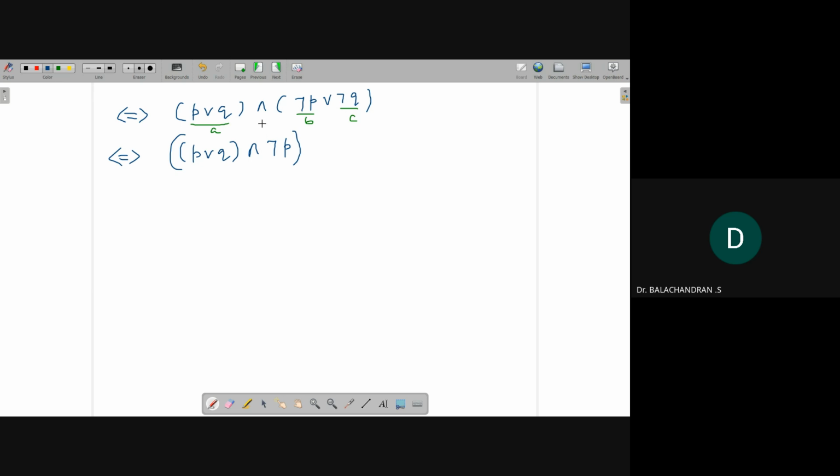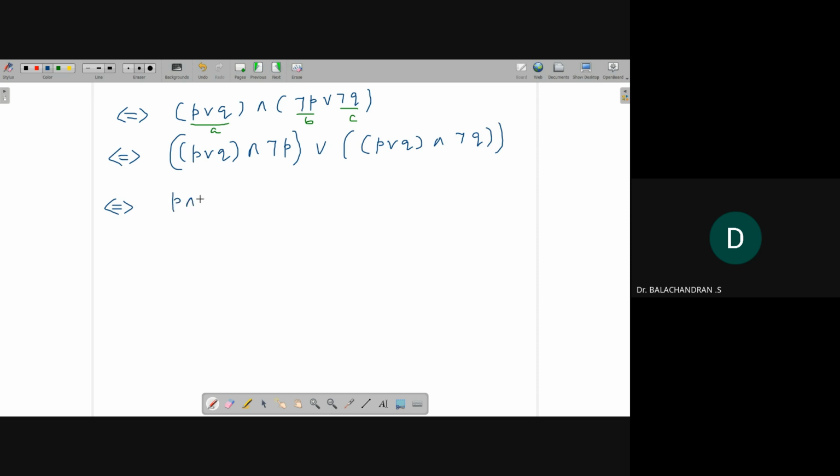So A and B are, A is what? P or Q, and C. And C is what? Negation Q. Close this bracket. So this is equivalent to, so again apply the distributive law here.